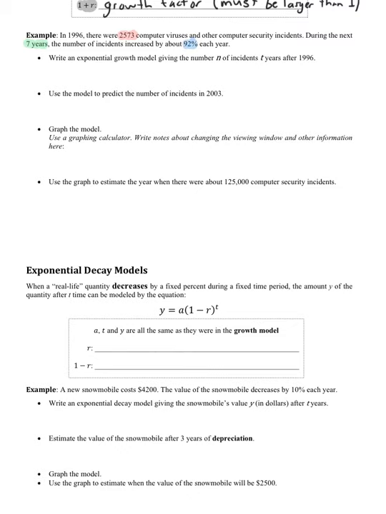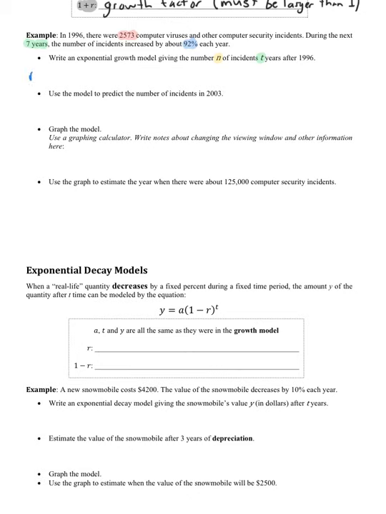Okay, so write an exponential growth model given the number n of incidents t years after. So when we see the number n of incidents, that's really the y value. So those variables will change from time to time, which could make things a little bit confusing, but hopefully it's not too bad. I'm just going to write it out real quick.